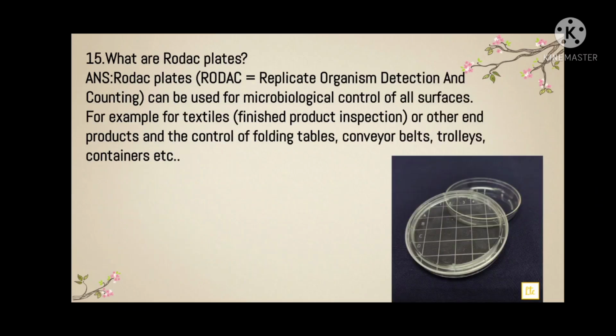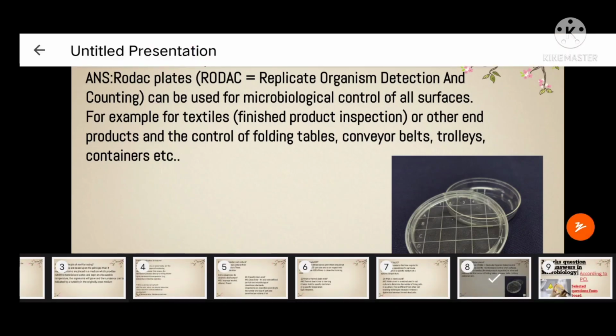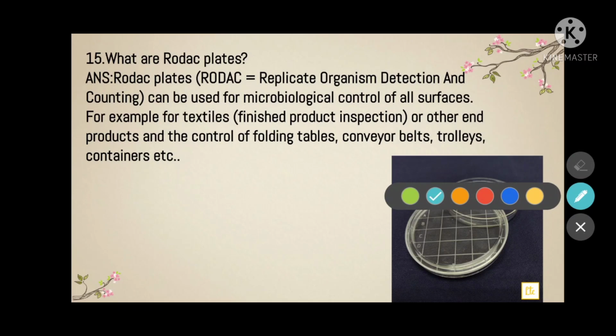Now the last question, the 15th question, a very important question. What are Rodac plates? See here, Rodac is an abbreviation of replicate organism detection and counting, which can be used for microbiological control of all surfaces.